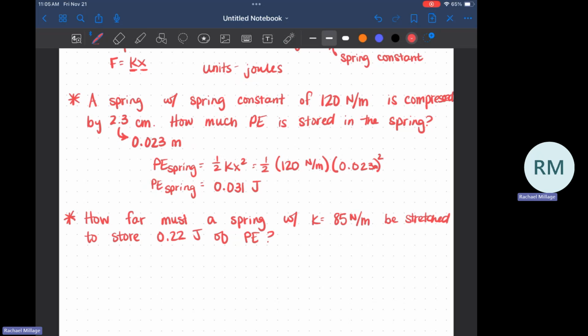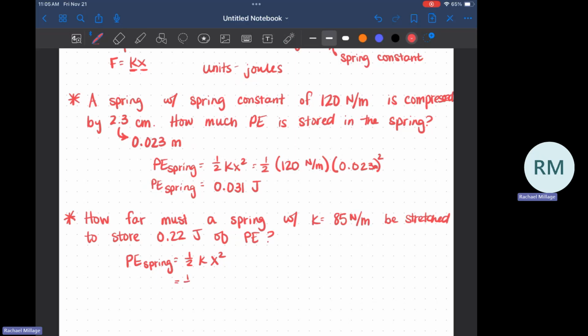What if we do the same thing again? We could say the PE of our spring, the potential energy of our spring, is going to be equal to 1/2 times k times x squared. What do we know? We know our spring constant is 85.